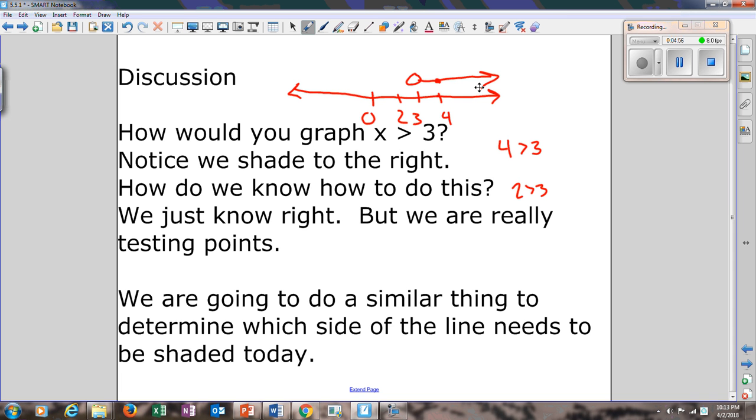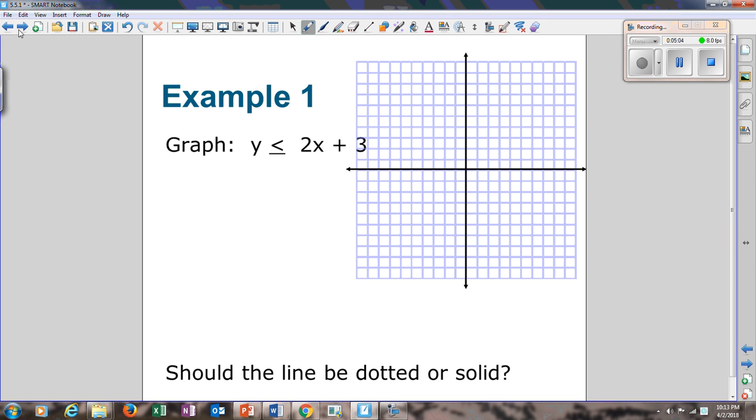We're going to do a similar thing to determine which side of the line needs to be shaded today. Example 1: y is less than or equal to 2x plus 3. First you're going to graph the line.